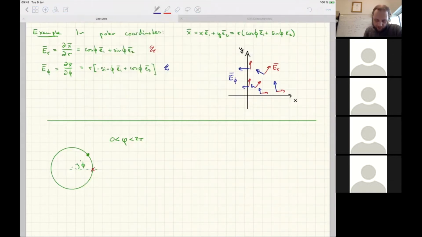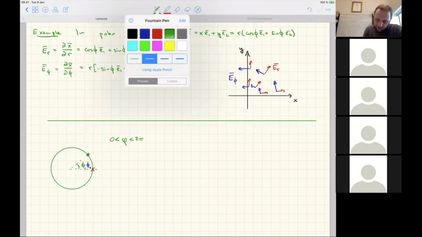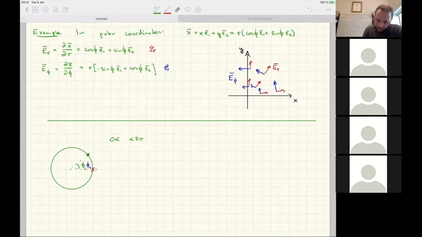For example, I can choose the same angle but call it phi 2, so phi 1 and phi 2. Now these are different coordinate systems. But I can let phi 2 instead go from minus pi to pi. So in that case, I would not cover this, but together, both coordinate systems cover the entire circle.